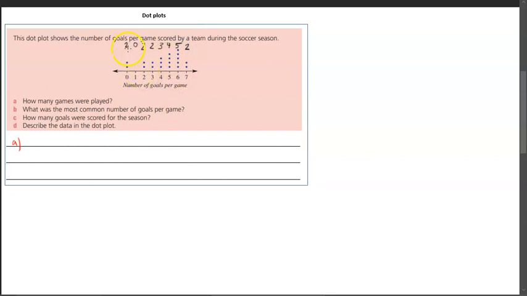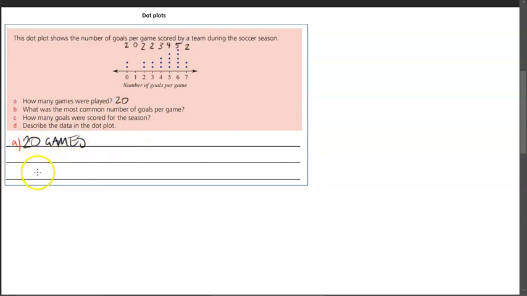When added all up, you get 2 plus 2 is 4, plus 2 is 6, 9, 13, 18, 19, 20. So how many games were played? The result here is 20 games. You'll go ahead and write 20 games.